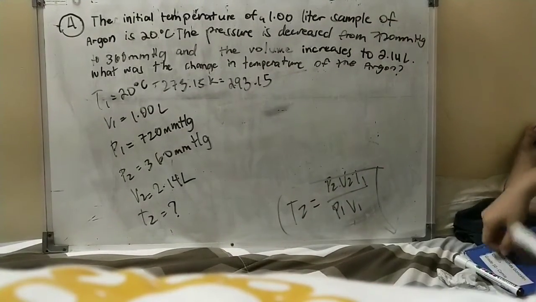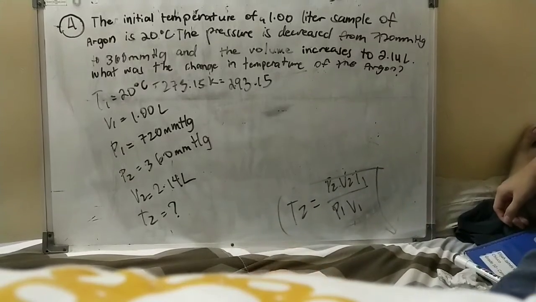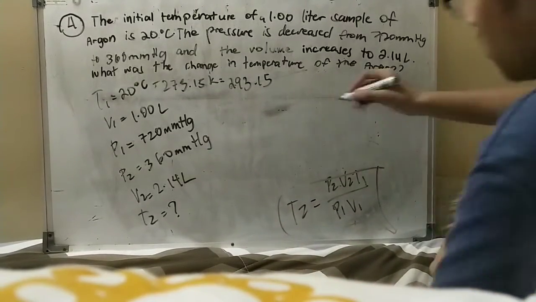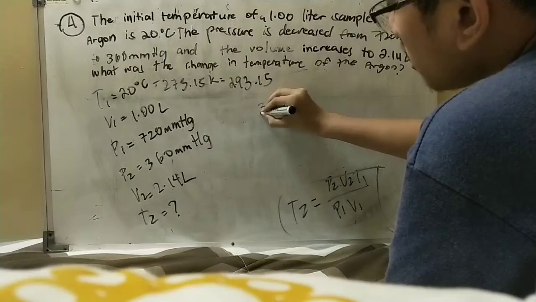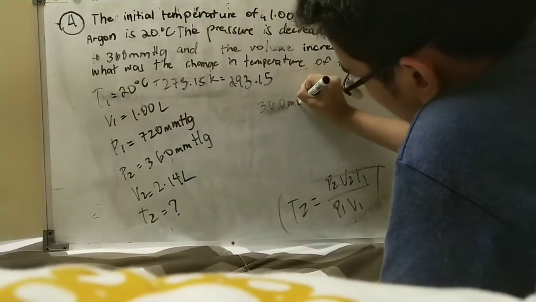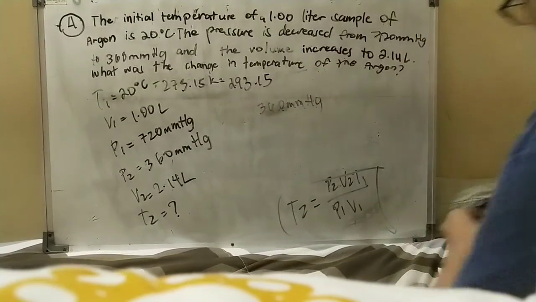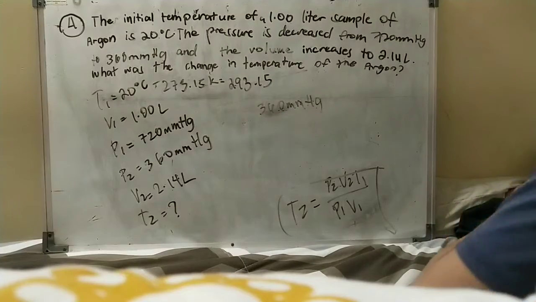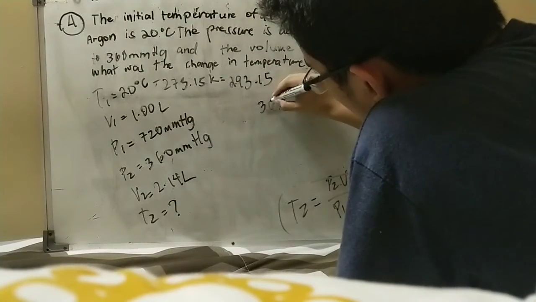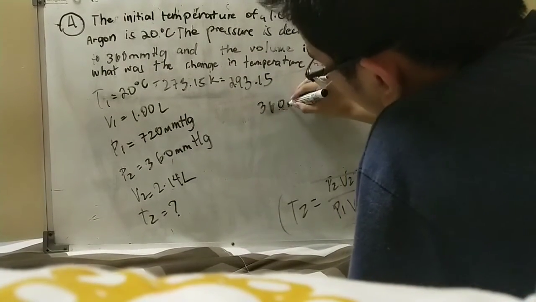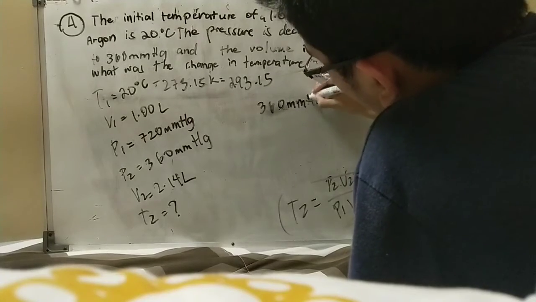We then substitute the values we've got into our formula. So our P2 is 360 mmHg. Sorry for the marker, I'm just having a hard time here. 360 mmHg.